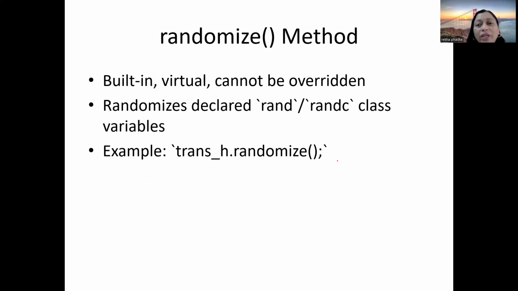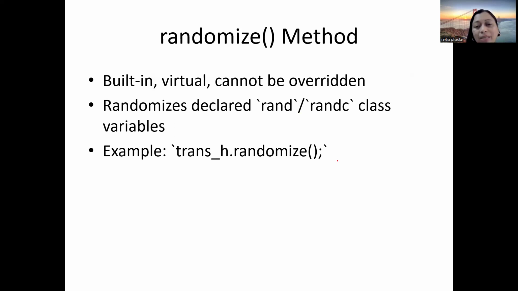So how do you invoke these variables to generate random values? There is a built-in function in SystemVerilog called randomize. This function cannot be overridden. It's virtual and cannot be overridden. It randomizes all the variables which are declared as either rand or randc.